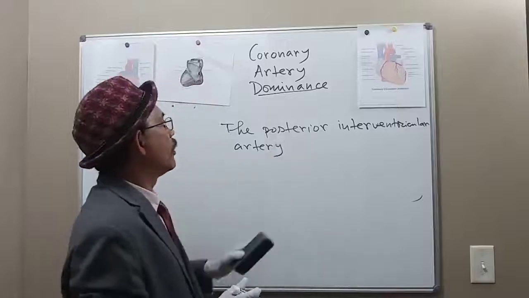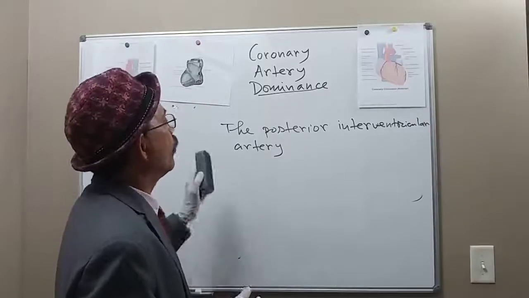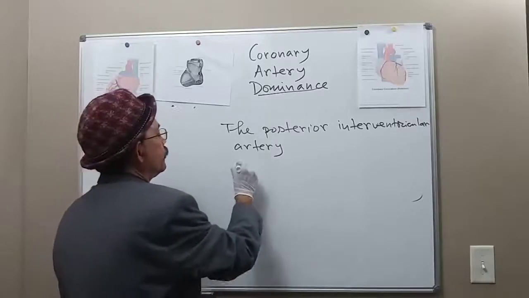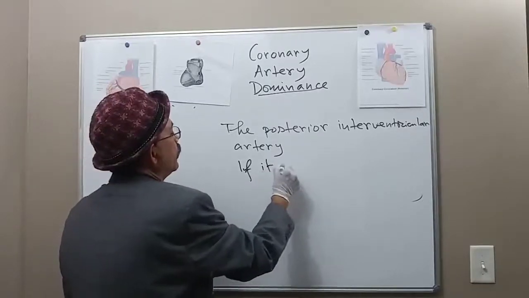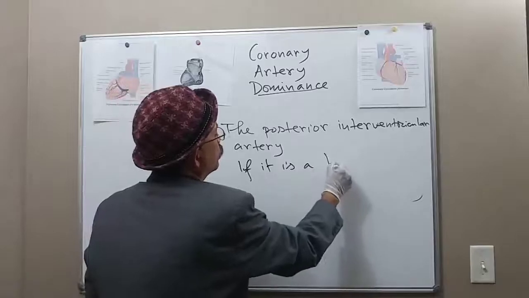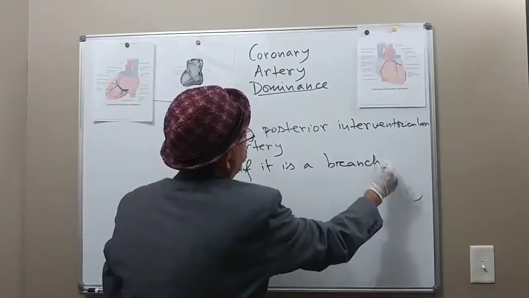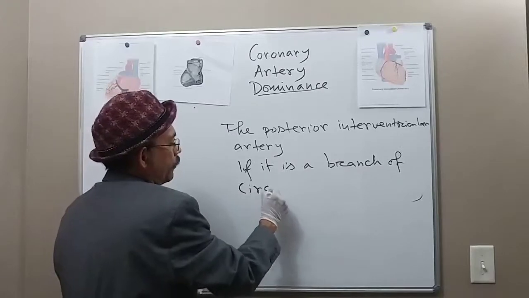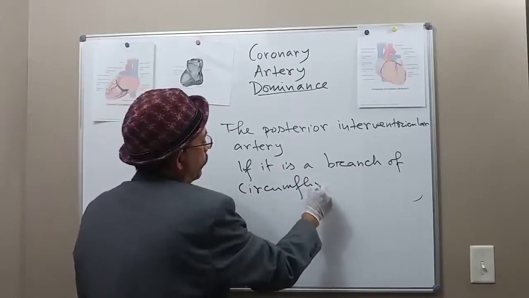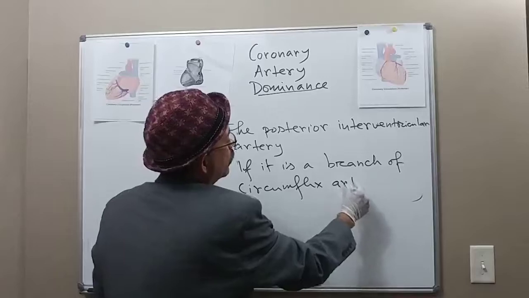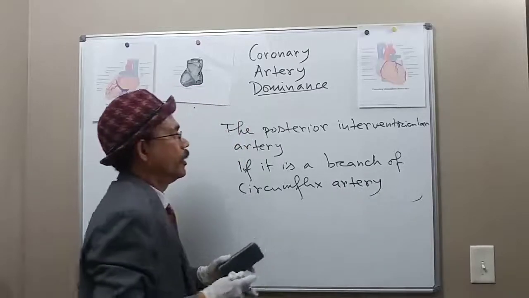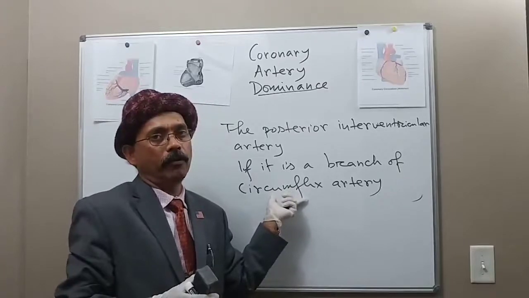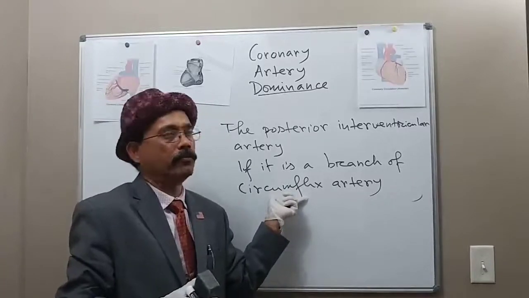If the posterior interventricular artery is a branch of the circumflex artery, and the circumflex artery is a branch of the left coronary artery, in that condition we call it left coronary artery dominance.